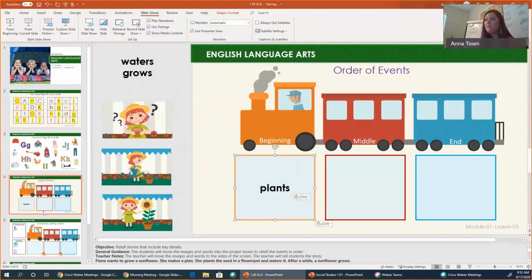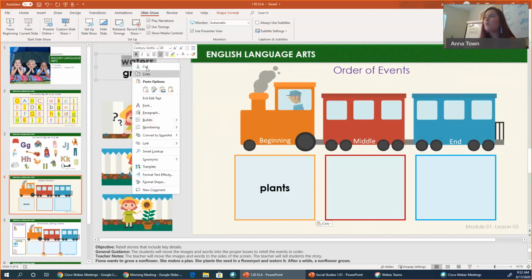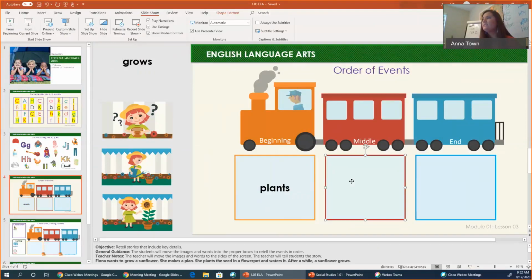Then in the middle, what is she doing? Look at the second picture. She waters. So the second thing, which is the middle, is she waters. First she plants, then she waters. Last, what happens? Look at this picture.